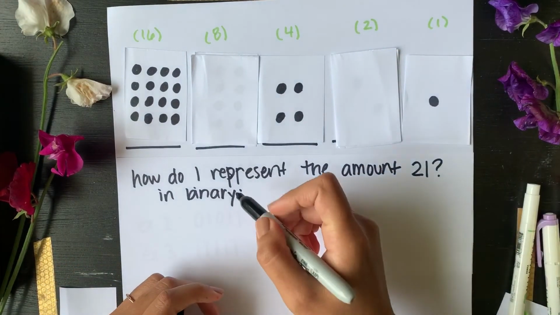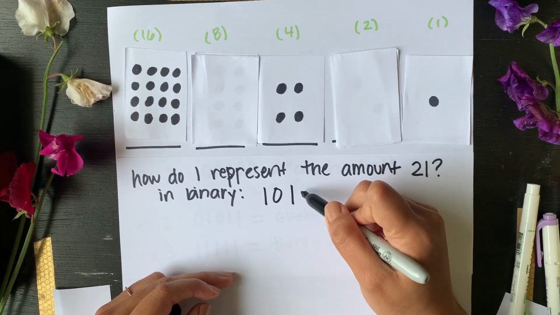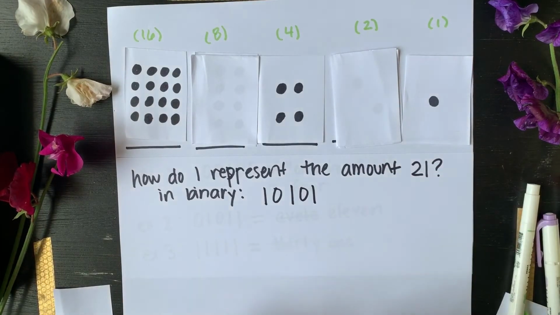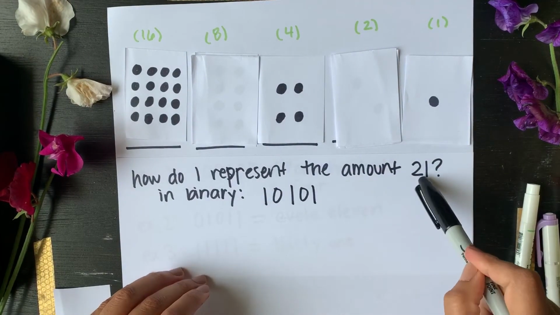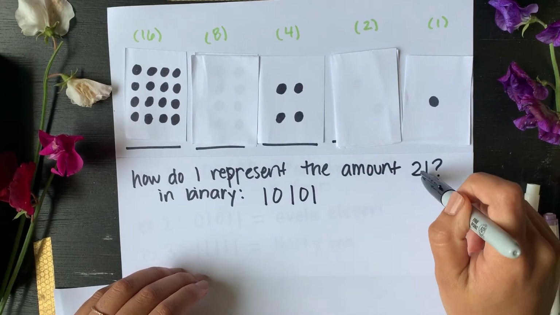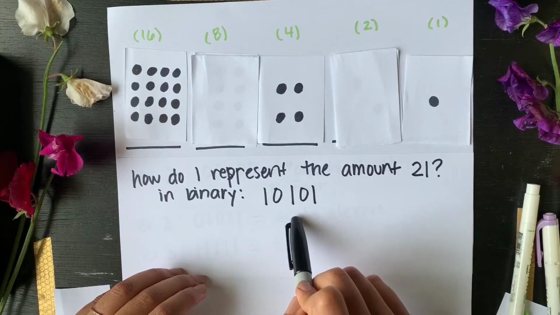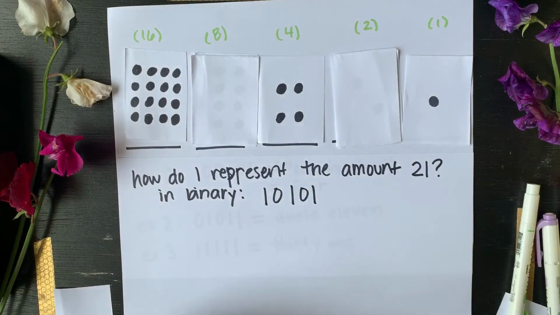So in binary, the number 21 is 10101. And that 21 could represent a letter or a sound or a color, and then the computer just needs to know that this is the binary code for that amount.